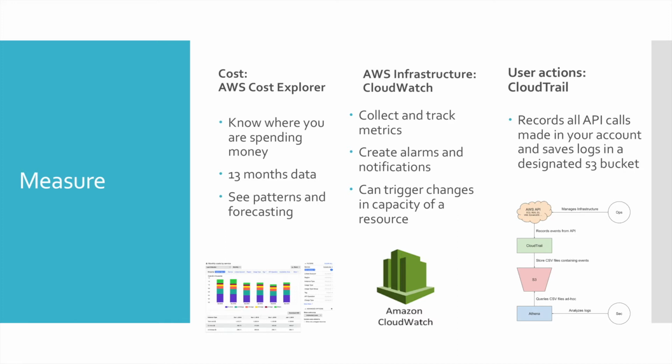CloudWatch is used to monitor the AWS infrastructure. If we want to monitor user actions, we use CloudTrail. It can record all API calls made in your account and save logs into S3 buckets. We can also use Athena to analyze the data in S3 and then present it to the users.